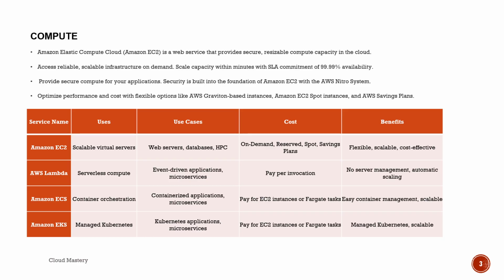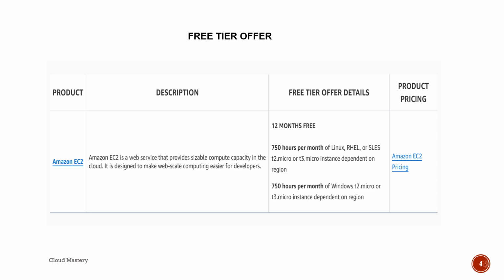Okay, so moving to the next one. This is for those candidates who are looking to try something on a personal account. If you created your personal account, then you can go to the EC2 service and choose T2 micro and T3 micro.